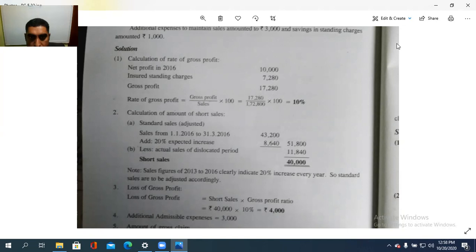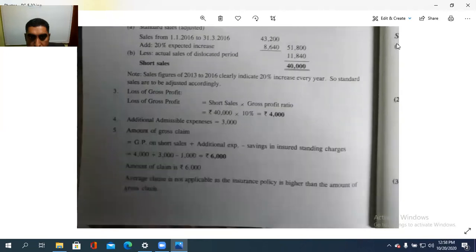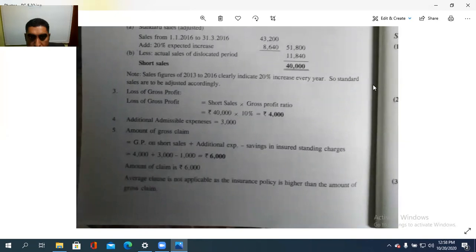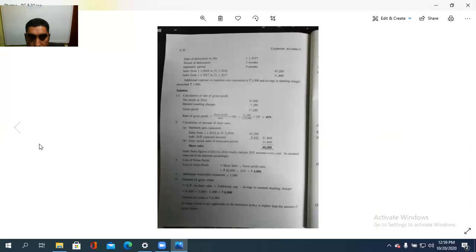So 4 plus 3 is 7, minus 1 is 6. 6,000 is the gross claim. Therefore the amount of gross claim is 6,000, and the amount of claim also is 6,000.